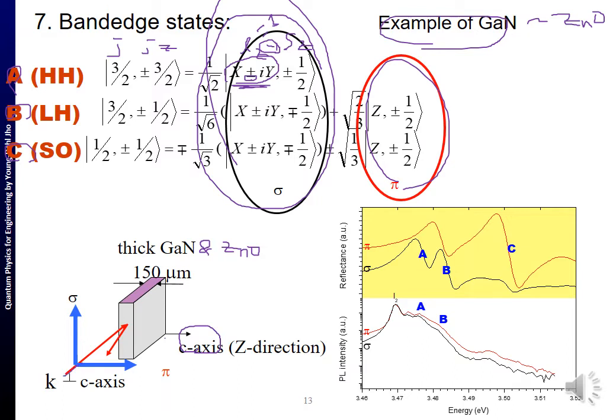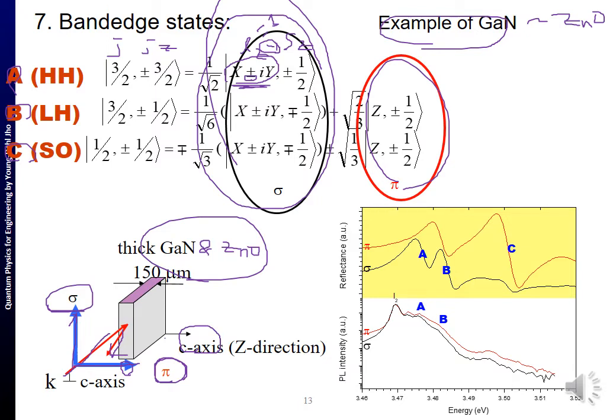So it is incident like this and reflected like this. And the polarization could be chosen along here and along here. When it is parallel to the c-axis, it is pi polarization. This is the convention of this series of semiconductors. And when polarization is perpendicular to the c-axis, it is called sigma.